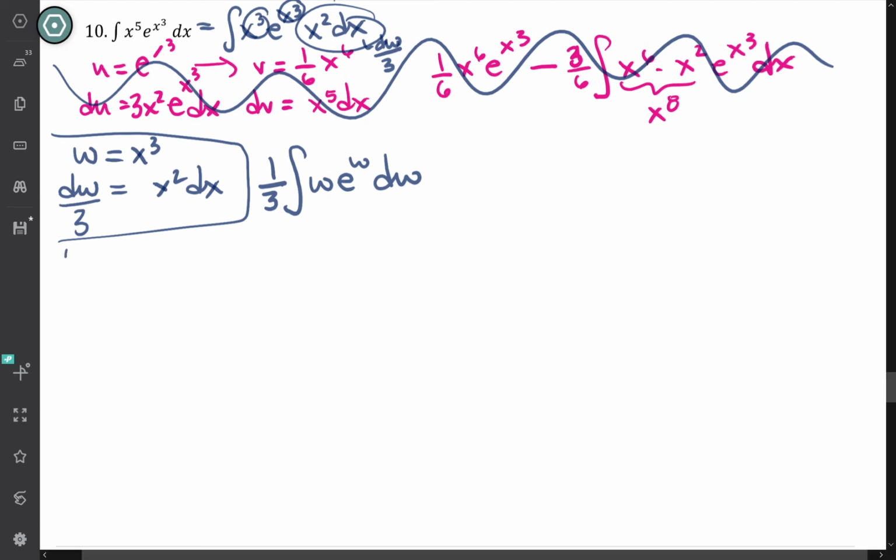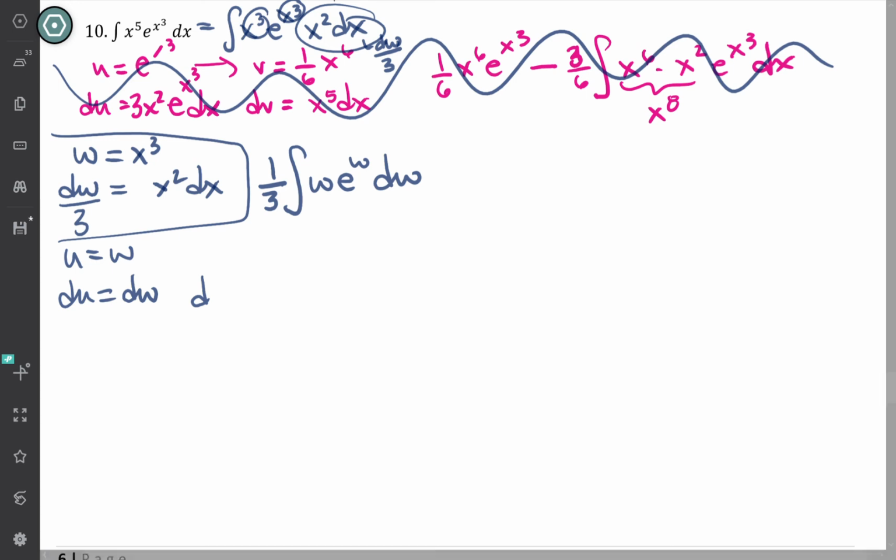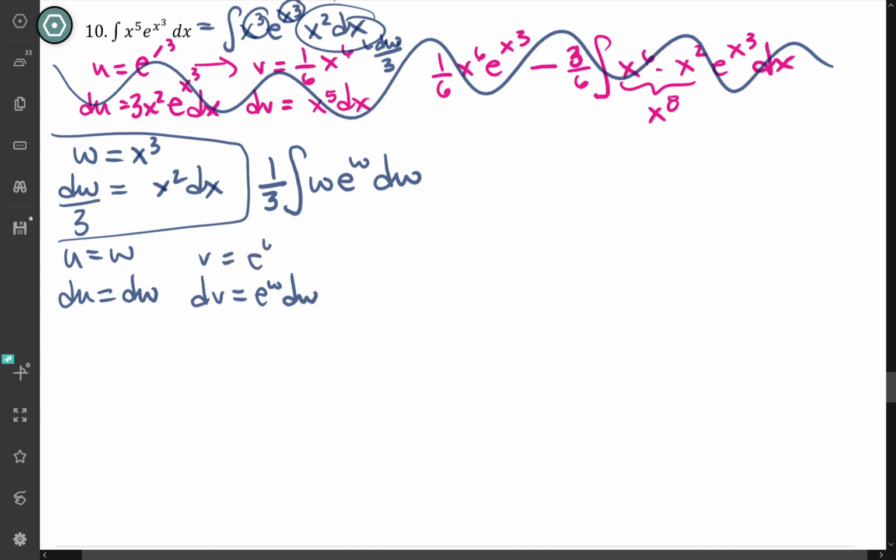So now let's say u is equal to w, okay, so algebraic trumps exponential, which means du is dw. This is one of those beauties where you can immediately wipe out one of the factors by taking a derivative, which means dv has to be e to the w dw, so v is just e to the w. So now, don't forget the 1/3.